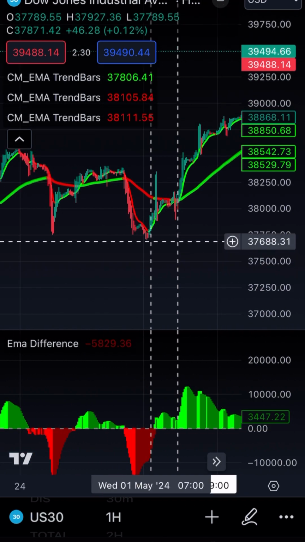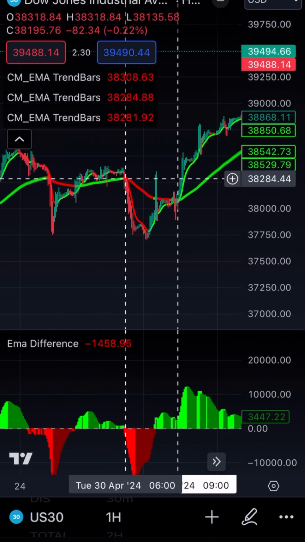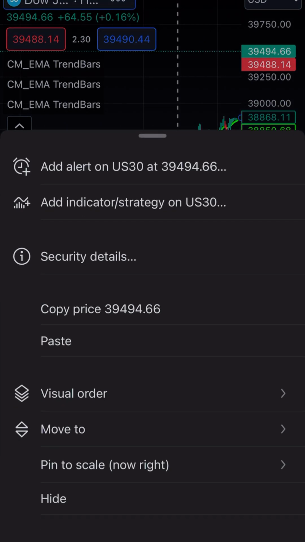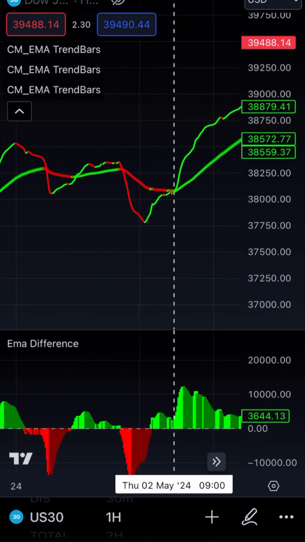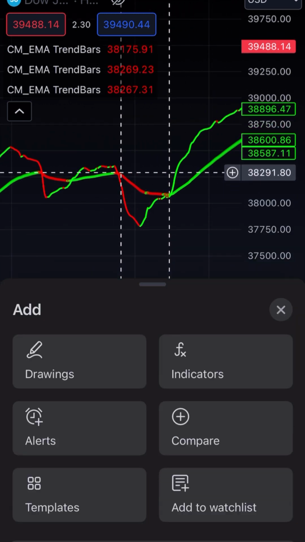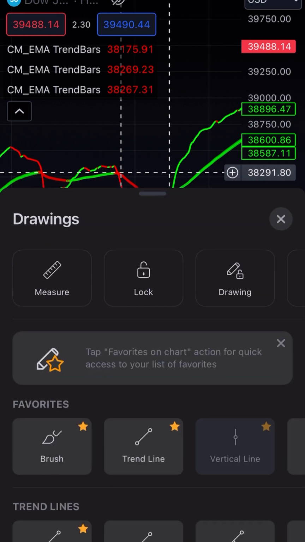Crosses here. And to make things easier, you can turn off your candles and you can find all your crossing points. Makes it a little easier. Crosses here.